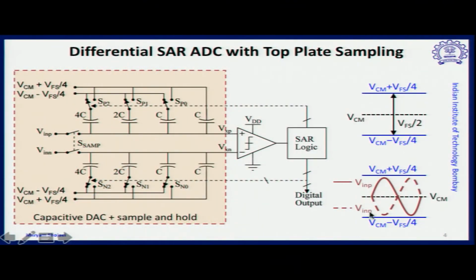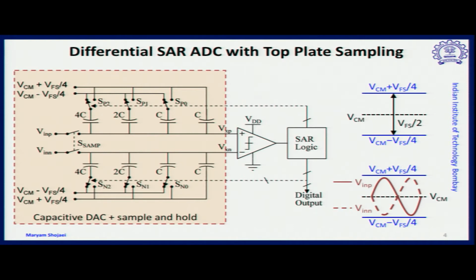For example, if the input is a sine wave, which is shown in the lower part of the slide, we will have a situation like this. We have two inputs which are of 180-degree phase difference, and therefore, when we take their difference, the actual amplitude of each one of them gets multiplied by 2.